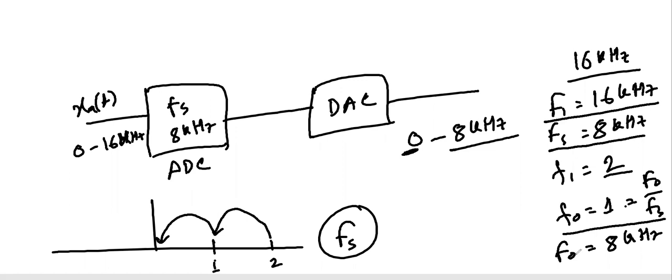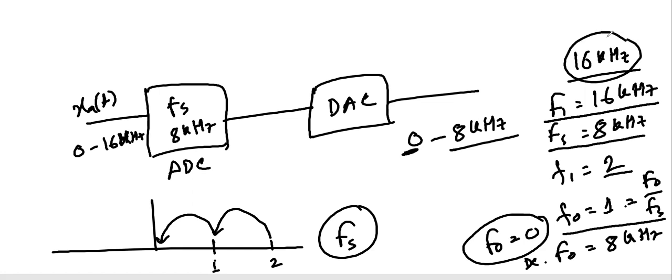Eventually it can also be 0, and if that is 0, the f0 could also be 0. That means it is a DC value. So the 16 kilohertz is basically folded to a DC value. You start with 16 kilohertz, but it is folded back to the DC value.